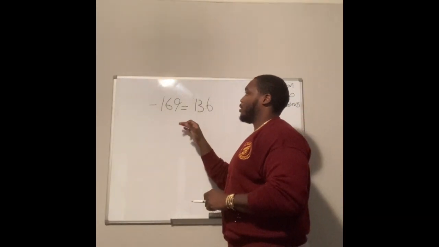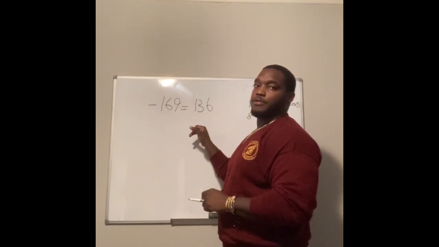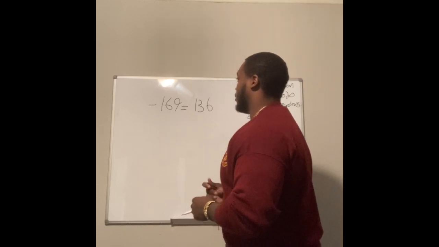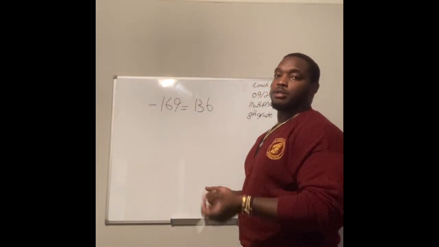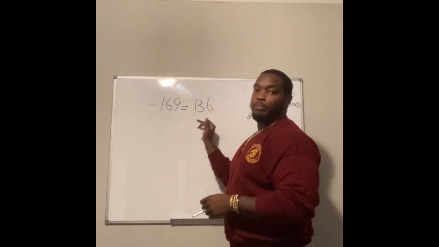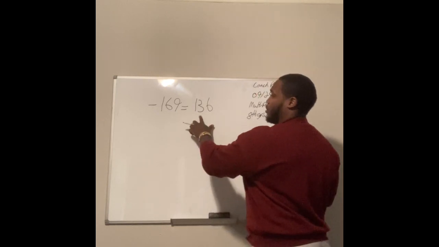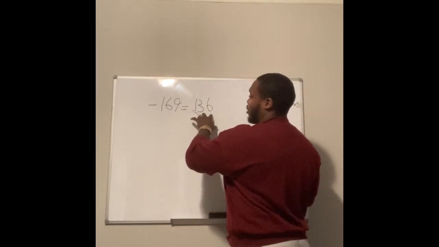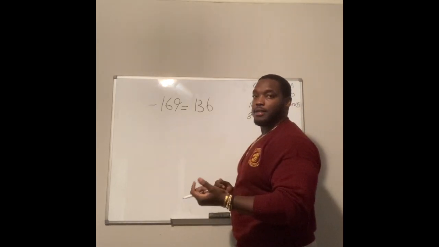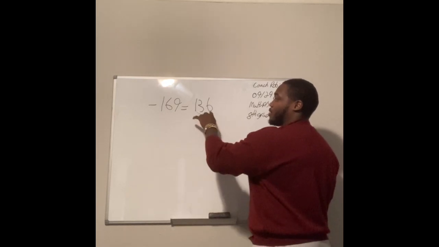Next, 13b equals negative 169. Don't confuse yourselves; sometimes they'll write them backwards to throw you off. The same methods and principles apply regardless of which side the negative or the variable and coefficient is on, right? We know that 13 is the coefficient and that the variable is b. This is a multiplication action. In order for us to isolate the variable, we have to do the opposite mathematical operation, which is to divide.